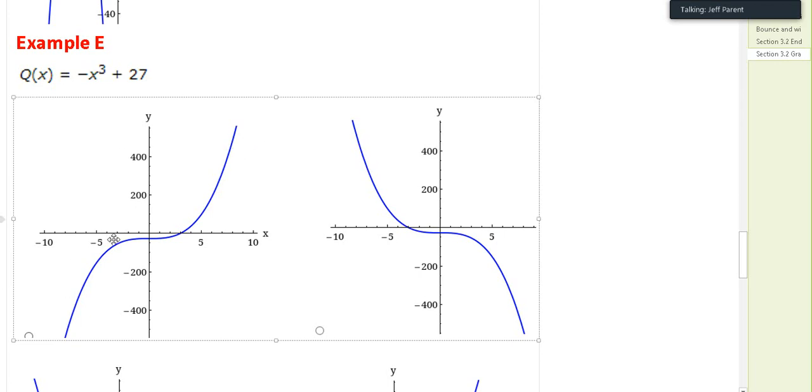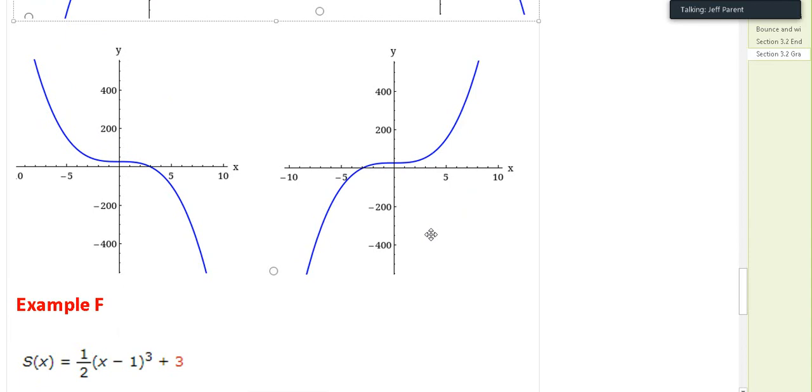Yeah, it has the wrong shape for something that has a leading coefficient, which is negative. Instead of going from left to right and increasing, it should go from left to right and be decreasing. So, okay, so that's one reason. Can anyone else tell me another reason that this is not the right graph? Shifted down instead of up. Yeah, shifted down instead of up. So this next one does have the right shape, but it's shifted down. So neither of those is the correct graph.